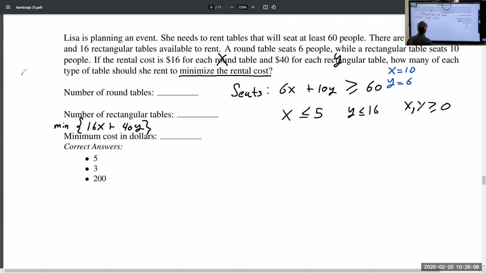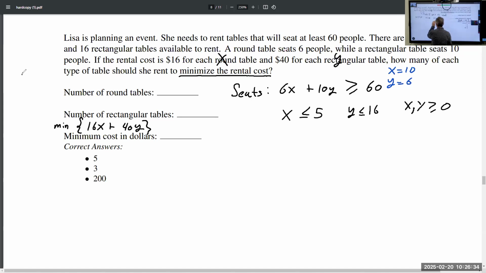So I'm just saying if 6x equals 60, x must equal 10. If 10y equals 60, y must equal 6. So that gives me my x and y intercepts. And now I've got some things I can graph and try to find where this thing lies.